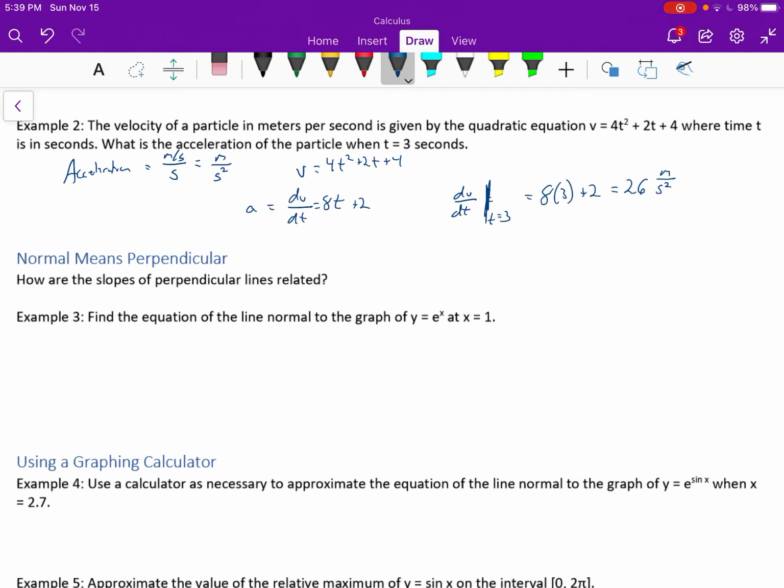So not a hard part of the lesson, but very necessary as we move forward through calculus and using it for some real life application. All right, next is also something that's fairly familiar to us because we did something similar to this before, but normal means perpendicular, so we're going to be talking about normal lines or perpendicular lines. So how are the slopes of perpendicular lines related? We know that they are negative reciprocals.